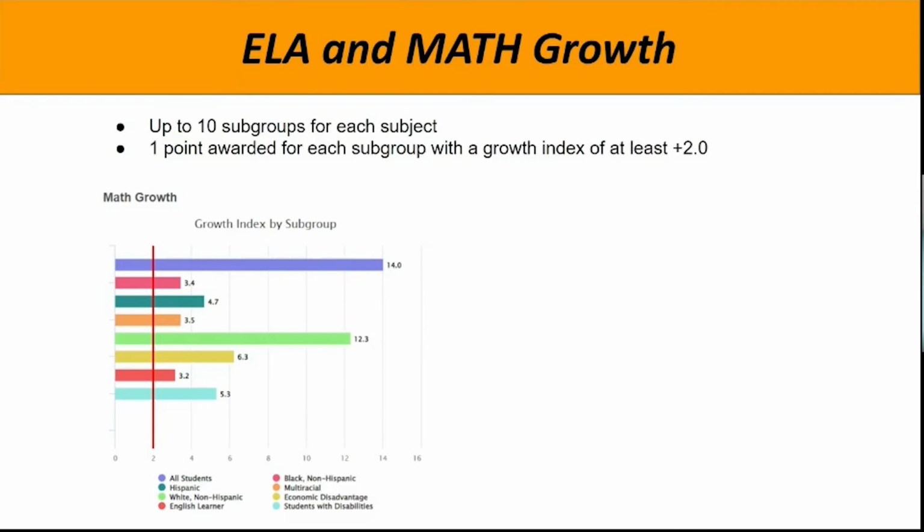Well, they've increased that goal to +2.0. So if you joined us last week for progress, you're going to notice that that's like each subgroup getting a 4-star or a 5-star. And it's a very challenging goal to get that. And again, it's by each subgroup. So it's looking at each subgroup individually.